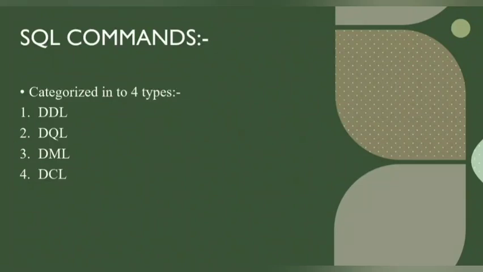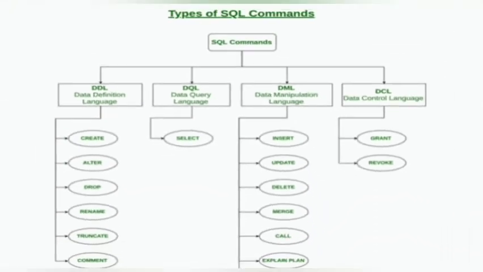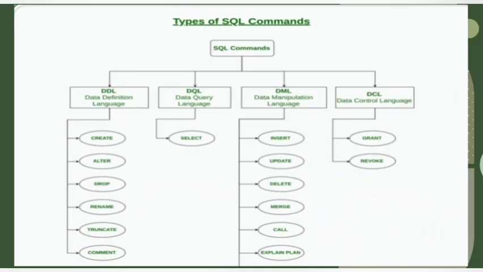So now we'll go in depth on these particular commands. In this, you can see a picture now. Types of SQL commands. You can see the four types under SQL commands, which are DDL, DQL, DML, and DCL. Under the DDL, you can see create, alter, drop, rename, truncate, and comment.